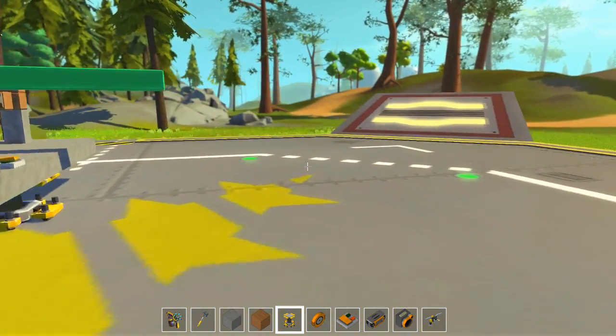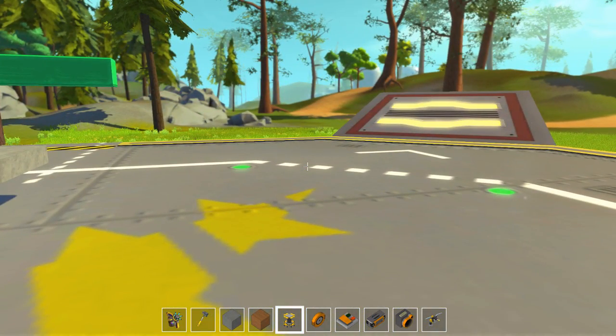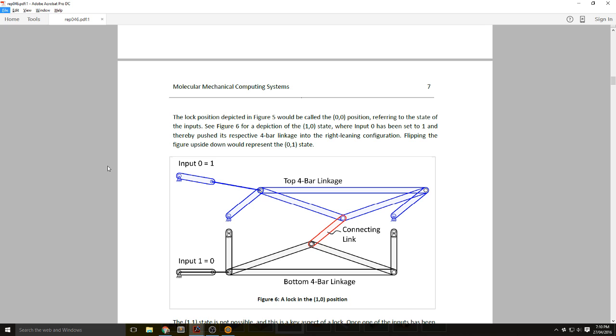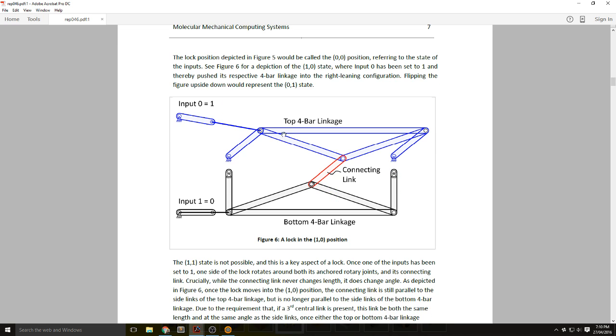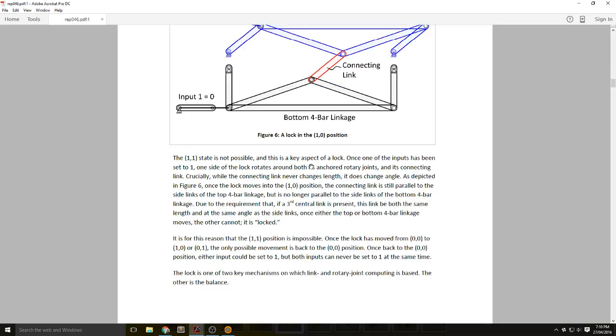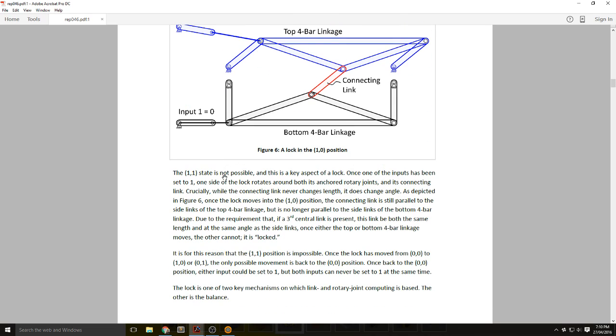Now, so the purpose of the lock is that if one is at 1, or if one is in right leaning, then the 1-1 state is not possible.